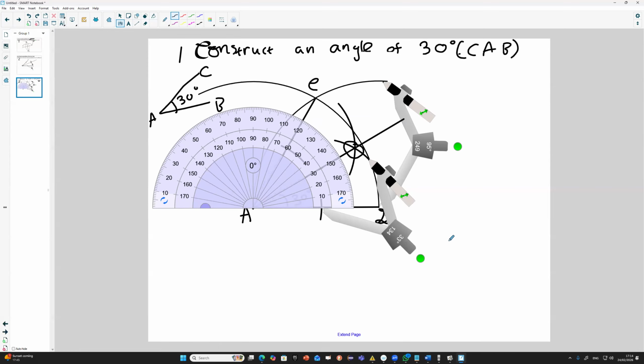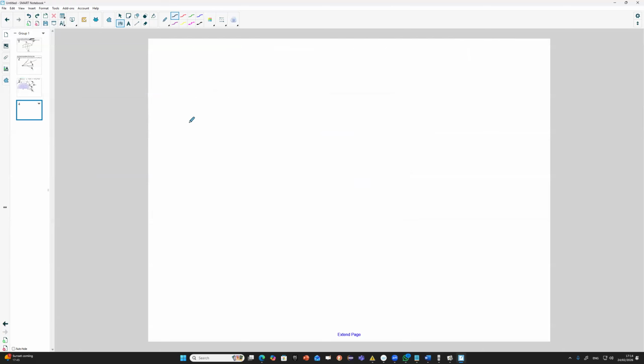And similarly, you might get a question where you have to do a 45-degree angle.